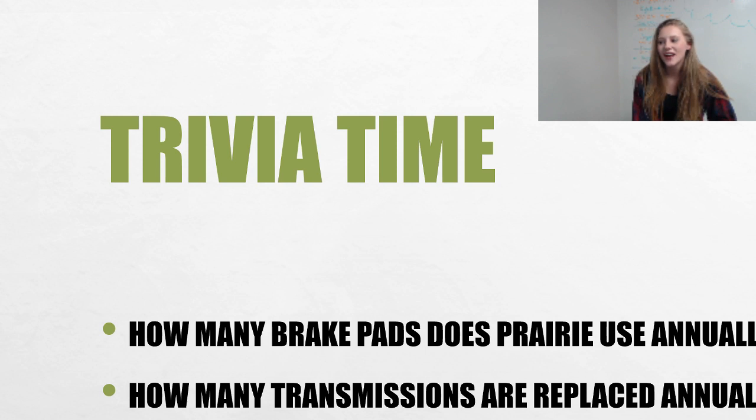So last year we used 892 brake pads. That can't be right. Okay, that's pretty right, I think. How many? 892. What? $47 a pad, is that correct? Yes, that is correct. $47 a pad.